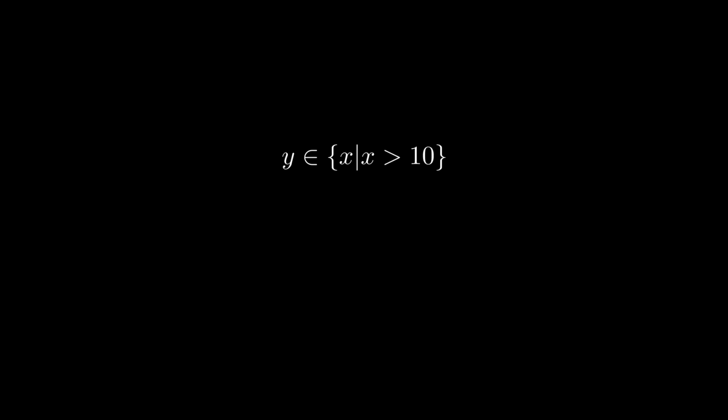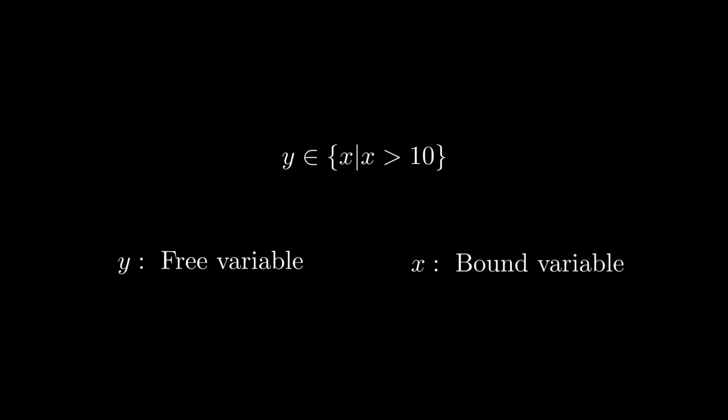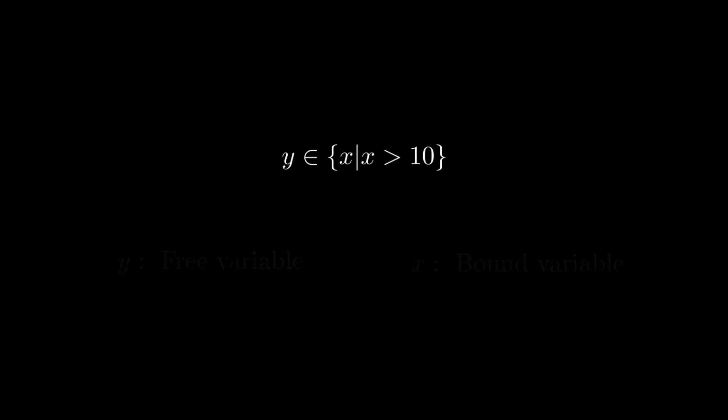We call y a free variable, as it could take on any number we want, and is the object of the statement in question. We call x a bound variable because it's simply a placeholder to make expressing a set or statement more clear. It doesn't actually represent anything in and of itself. This means that it doesn't matter what we use as a bound variable.